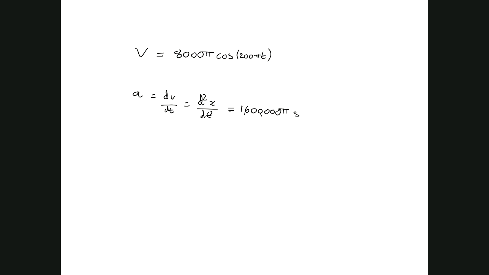Oh, sorry, minus 1.6 million pi sine 200 pi t. And t still is 0.004 seconds.